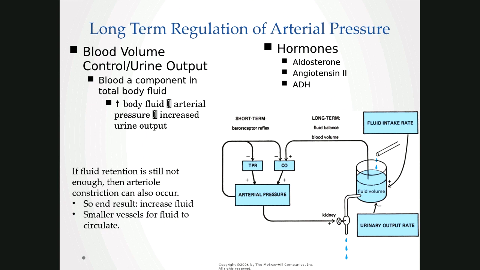So now it's, well, how much volume do I have in those pipes at any given second? And so long-term regulation is usually going to be a hormone regulatory thing, because we're going to regulate the fluid volume. The blood volume, the 5 liters of blood, we try to make it go up a little bit or down a little bit. All right.